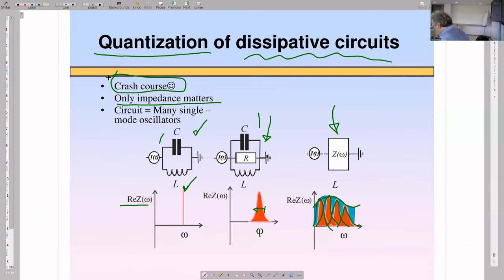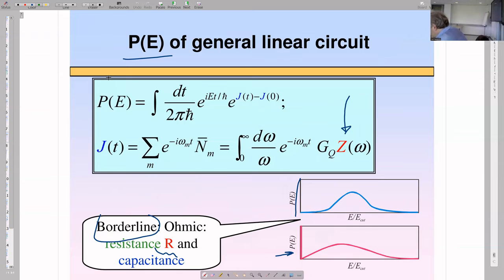Fine. Let me decide how this function P of I looks for a circuit with arbitrary impedance. How can one prove it? One could just consider the total set of oscillators instead of one, and carefully sum up energy losses from all possible oscillators. So the expression for P of I is rather involved.